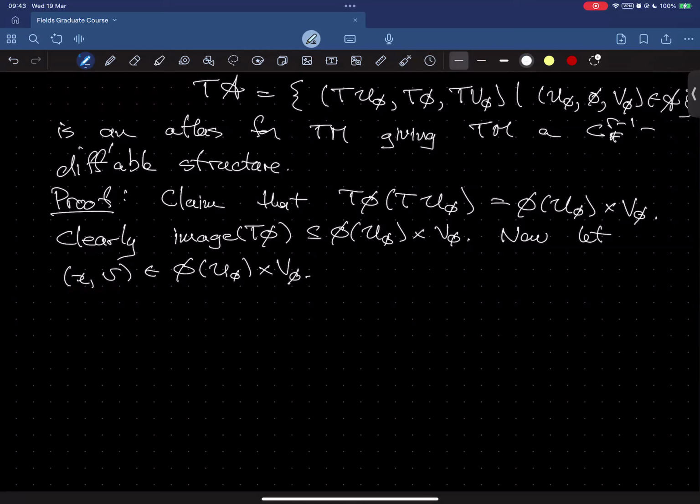Let's call it x bar, to be the inverse of x, obviously. So that's going to be my point in M.